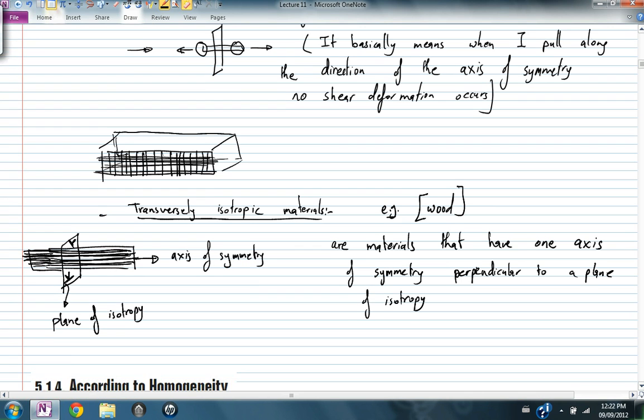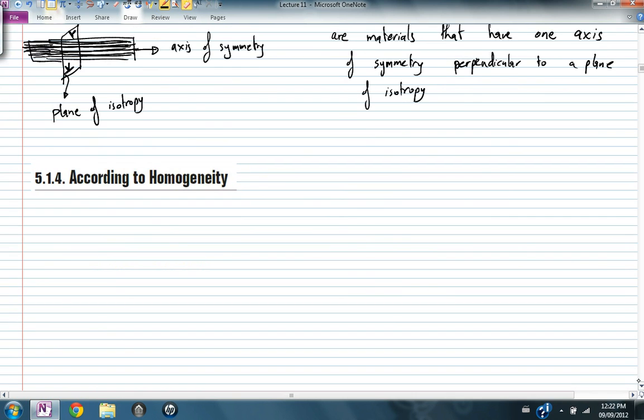So we can also classify materials according to homogeneity. If you find a block of material and you want to test whether this material is homogeneous or not, homogeneity means it's all made out of almost the same material.